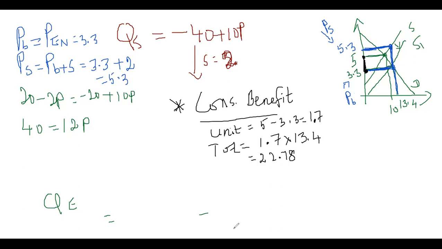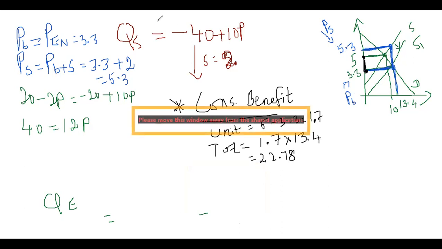Anyway, I'm just showing you to understand further. What is the area going to show here? The area here, this is the consumer benefit per unit, and 13.4 units altogether we have. Therefore, this portion shows you the consumer benefit.